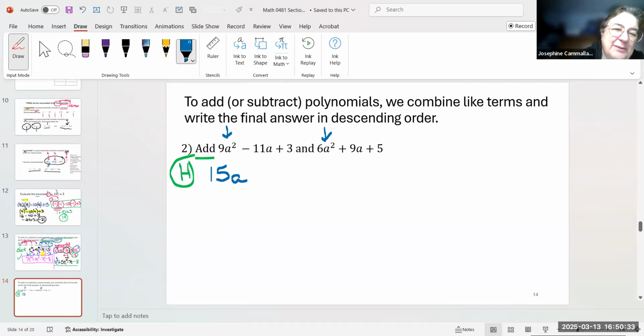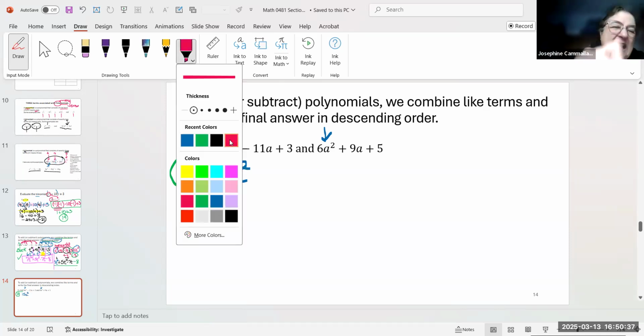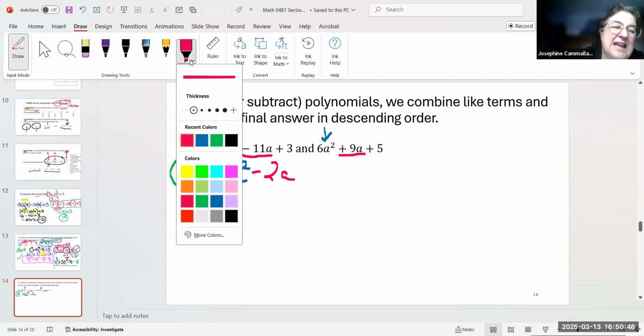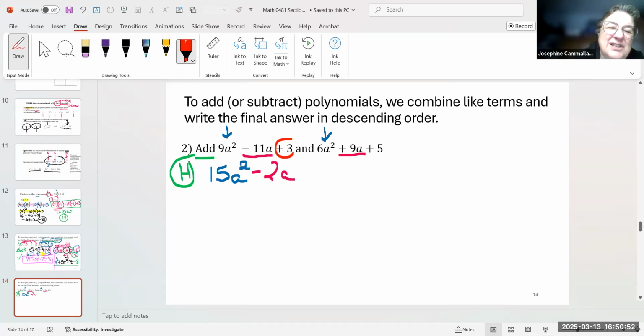That's my horizontal method. Then I'm going to take a negative 11a and this positive 9a, and I'm going to write a negative 2a. And then I'm going to take this 3 and this 5 and write positive 8.